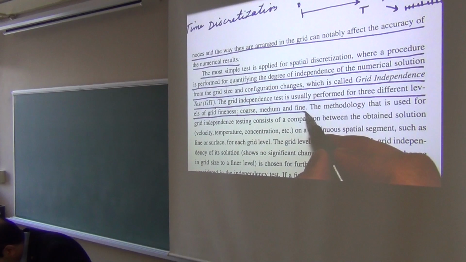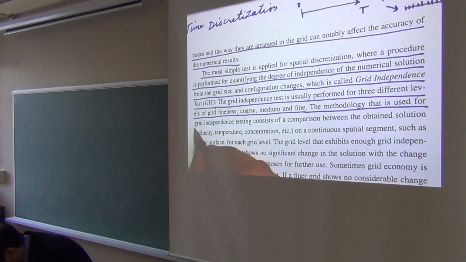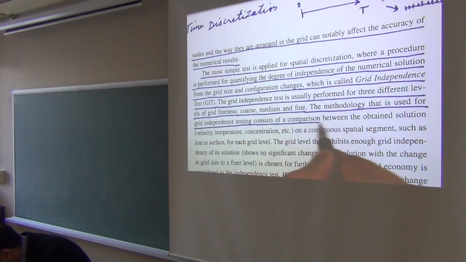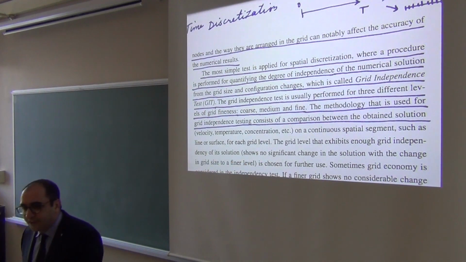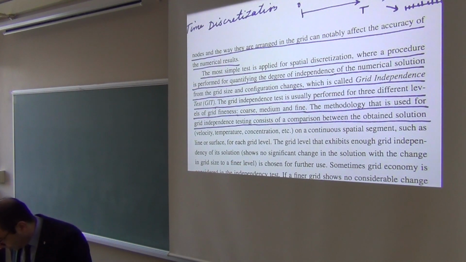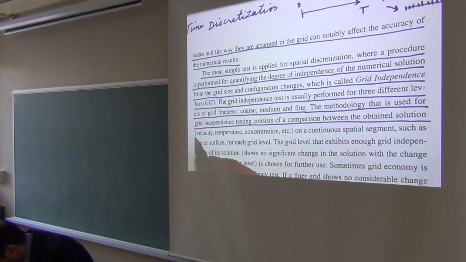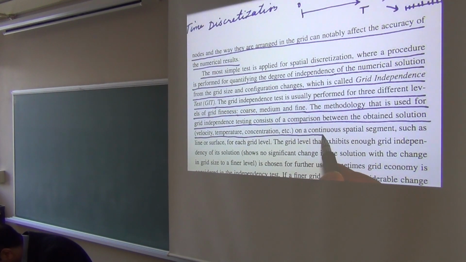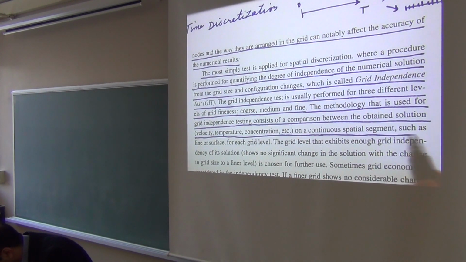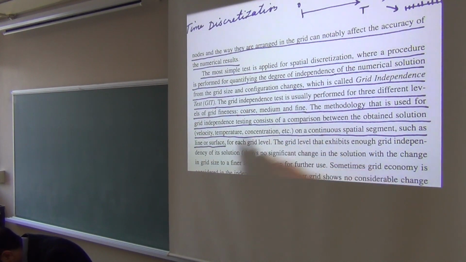The methodology that is used for grid independence testing consists of a comparison between the obtained solution, whatever it might be, velocity, temperature, momentum, concentration, on a continuous spatial segment such as a line or surface for each grid level.